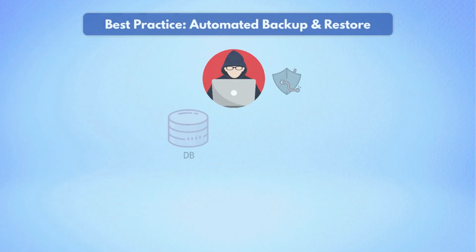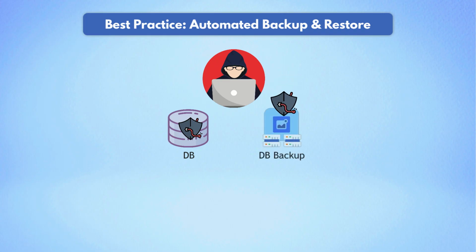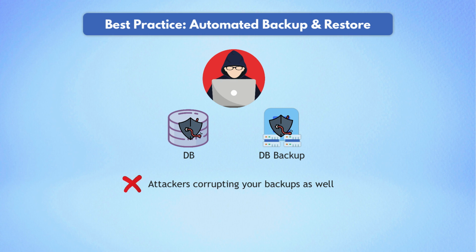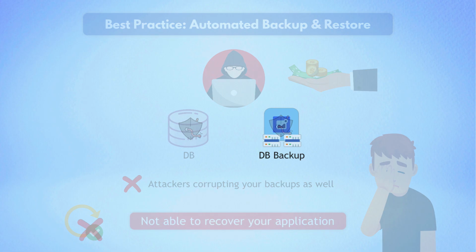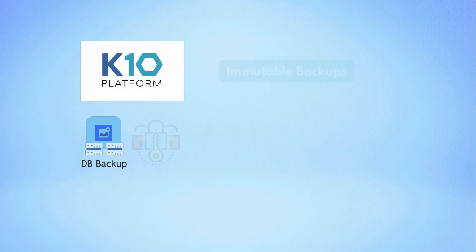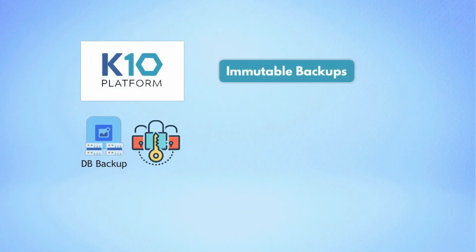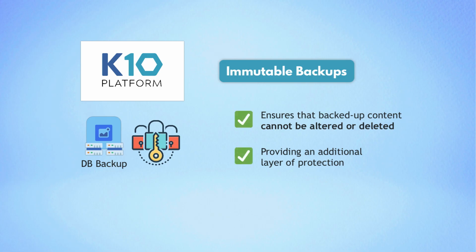Now, in addition to attackers corrupting or stealing your data, the attacks may be so advanced that they will try to get the backups as well. So they will corrupt the database data plus all the backups that you have for the data. This means, again, you are not able to recover your application and maybe have to pay a ransom to get back the data. So you need to protect those backups as well. And what K10 offers as a solution is that you have immutable backups, which means they can't be manipulated or corrupted.